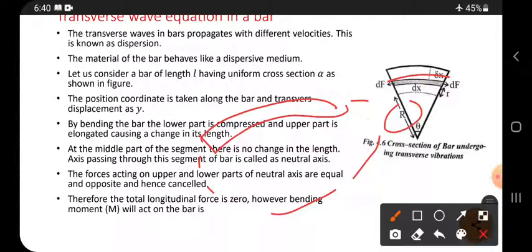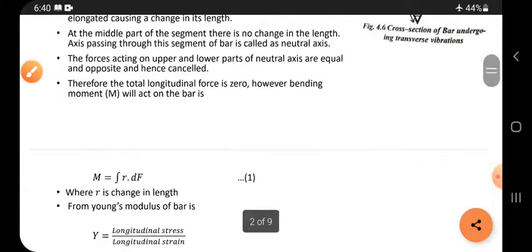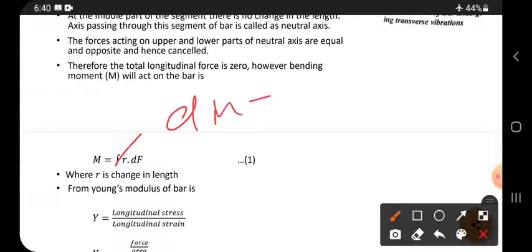Then this distance is capital R, no change. But when it bends like this, the change in length is denoted by small r. So the total change in length is integrated. Here actually dM is equal to r into dF, we have to write.